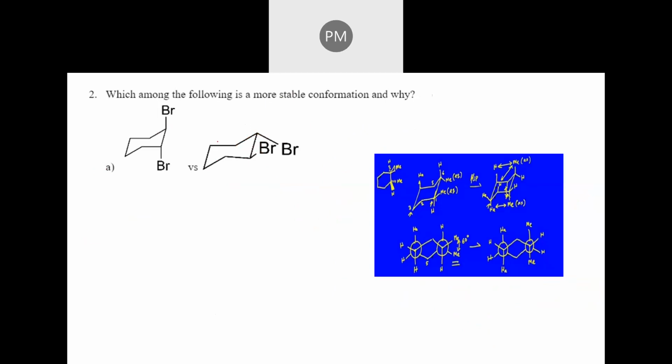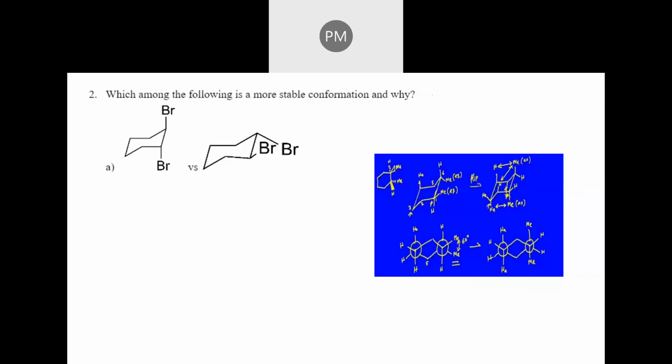Before starting this example, we showed some similar examples, like when the methyl group is present in the equatorial or axial position, what will happen. If you draw that molecule, one methyl group is above and one methyl group is below.